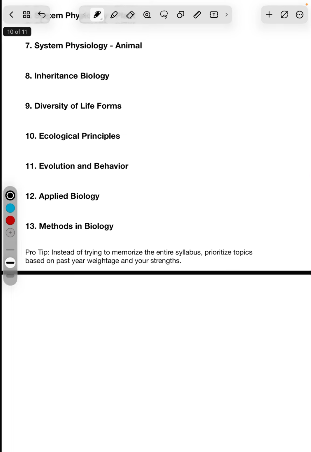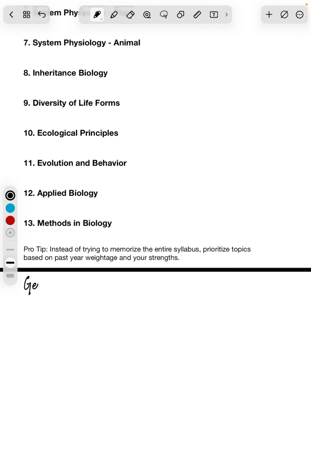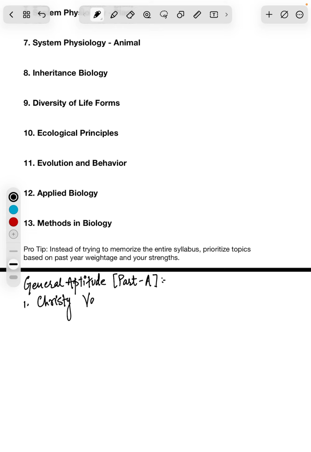For general aptitude, which is the first part, Part A of our exam paper, you can cover it with Christy Verghese, and quantitative aptitude you can cover with R.S. Agrawal.